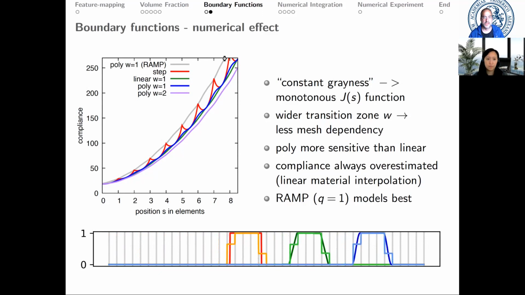And it also is quite close to what we would have for a conforming mesh, even if it's a non-physical interpolation. But I don't use the ramp function anymore in the rest of the presentation because almost nobody does it. So it's more comparable to what we do when I do the linear interpolation. But we know the drawbacks of it, especially that the compliance is always overestimated.